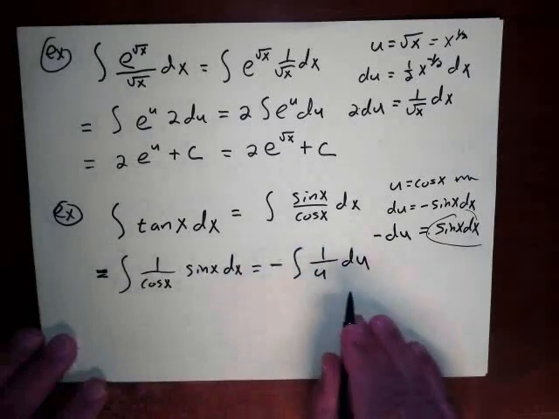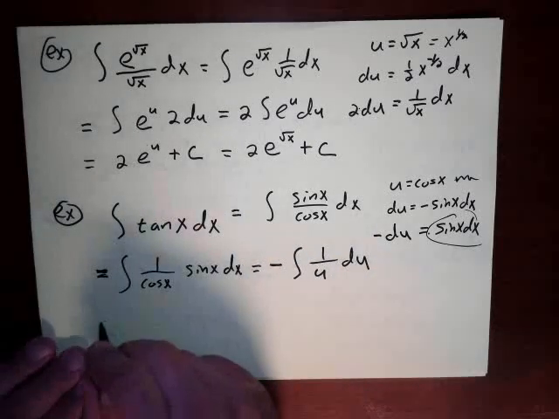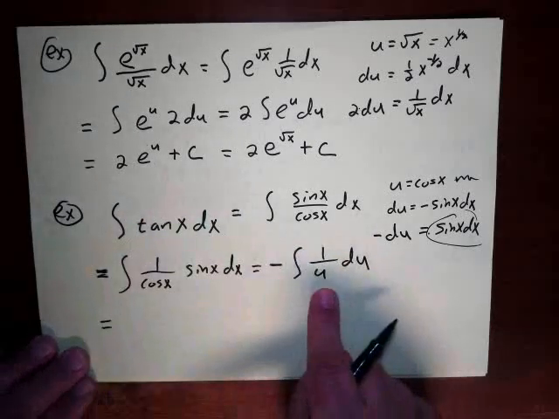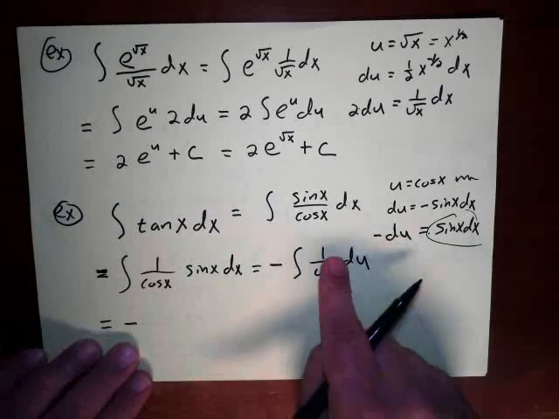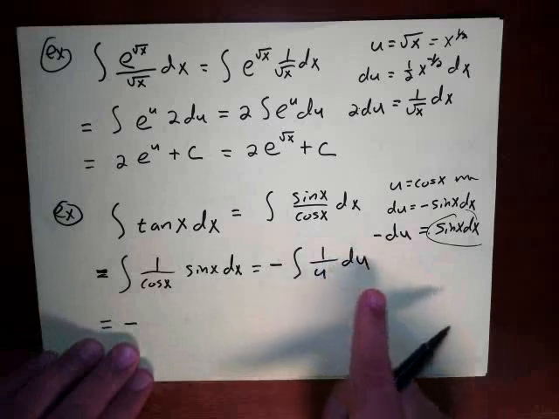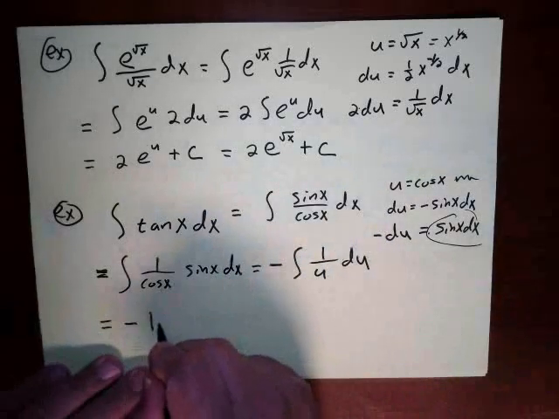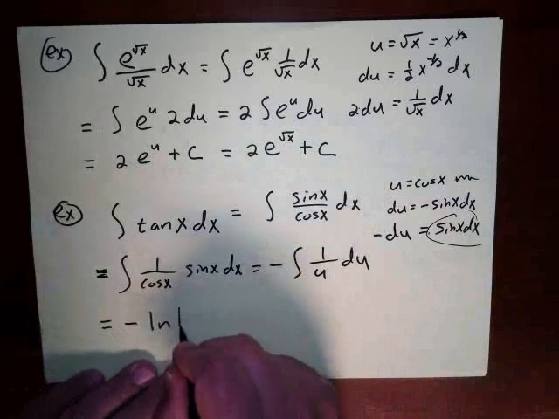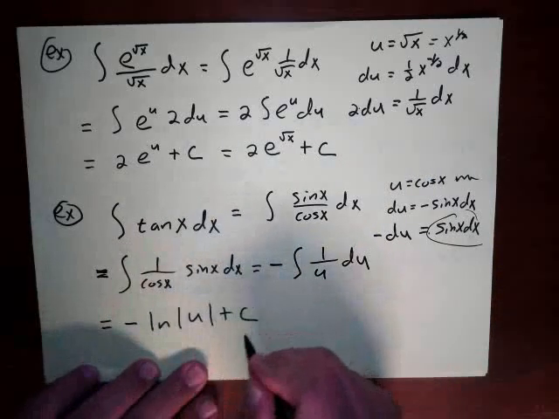And so this is just the integral of 1 over u du. Remember, that is not the power function. That is the integral of 1 over x, which is natural log of x, or natural log of the absolute value of x. So this would be natural log of the absolute value of u plus c.